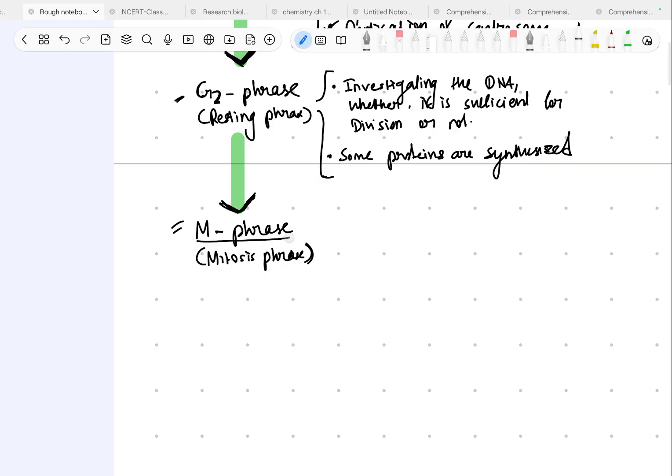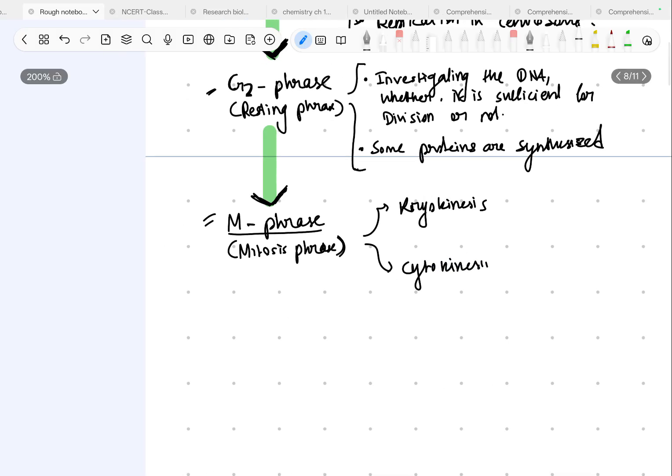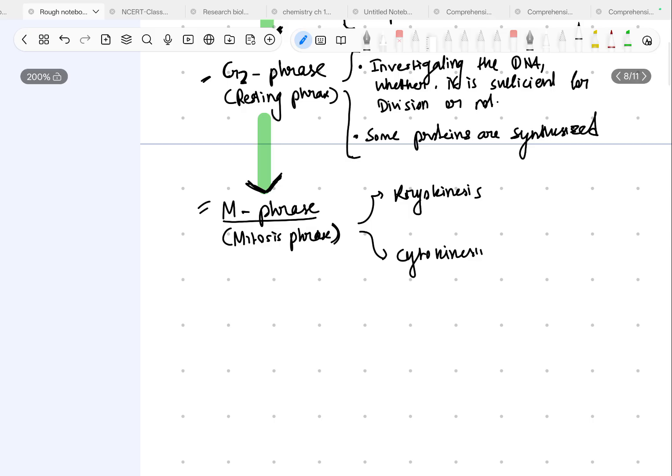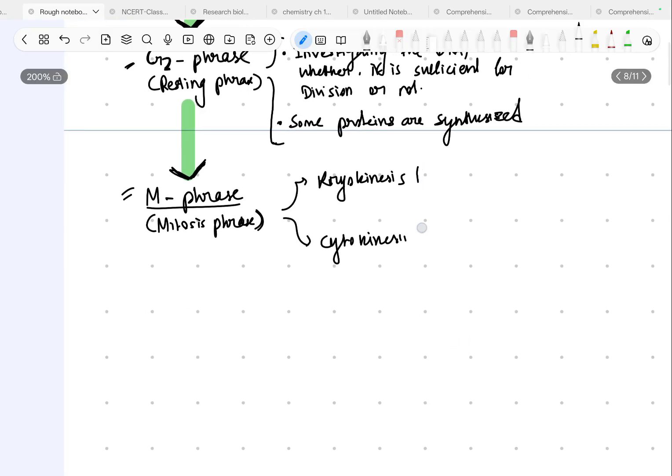In the M phase, karyokinesis and then cytokinesis occur. In meiosis, there will be karyokinesis 1, cytokinesis 1, then karyokinesis 2, then cytokinesis 2. We will study this in the next class.